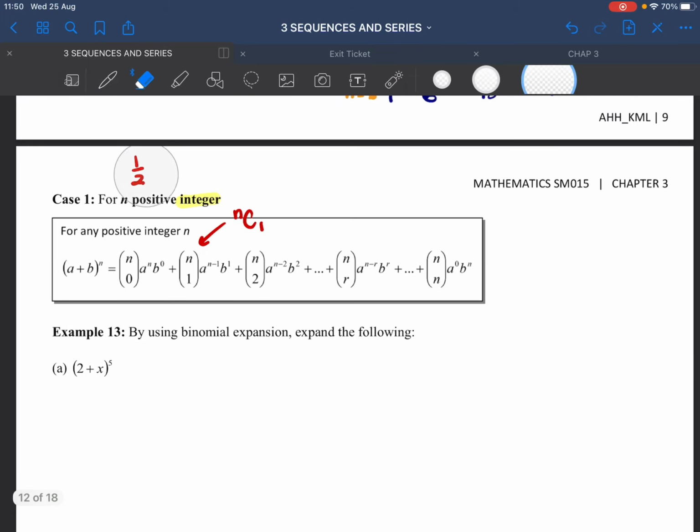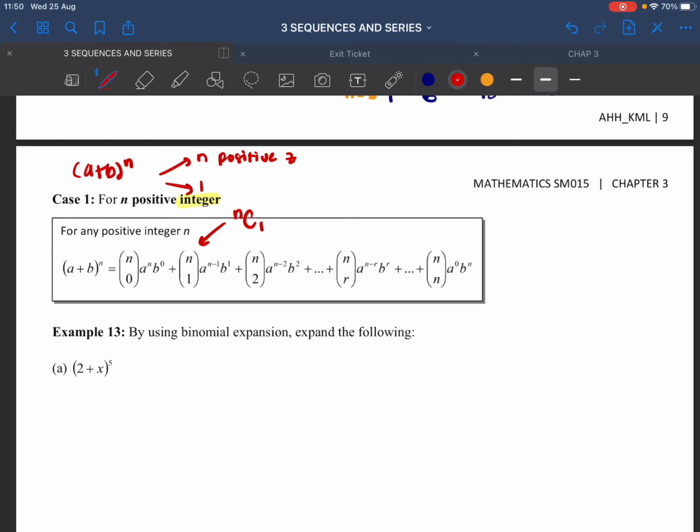Sekali saya tulis. If we have A plus B to the power of n, you will have first n positive integer, and the other one you will have n negative or fraction. Okay, case 1 and case 2, n negative or fraction.